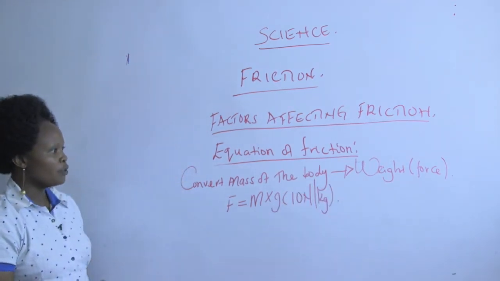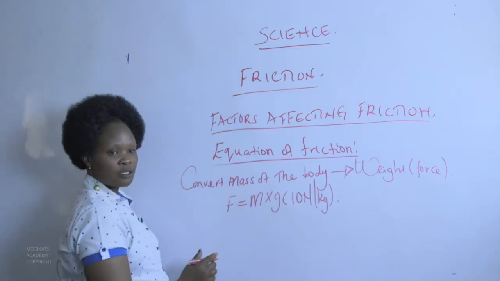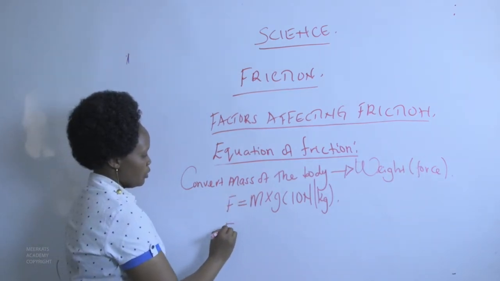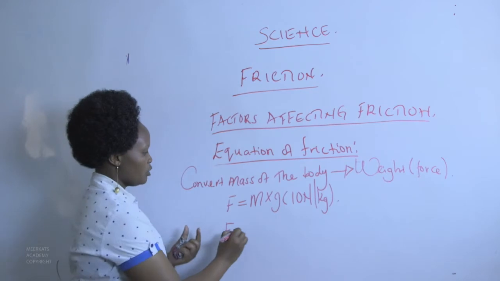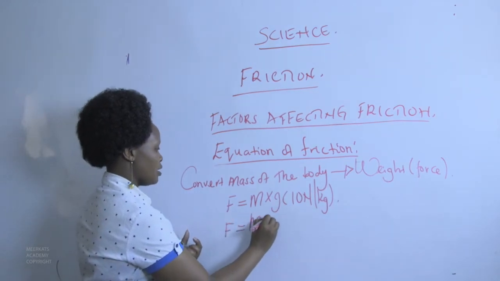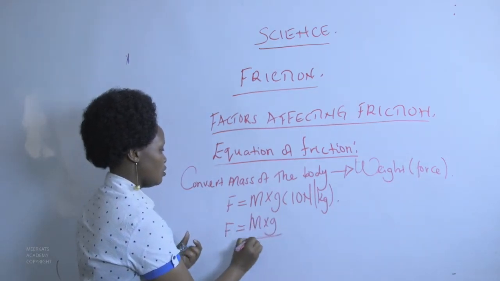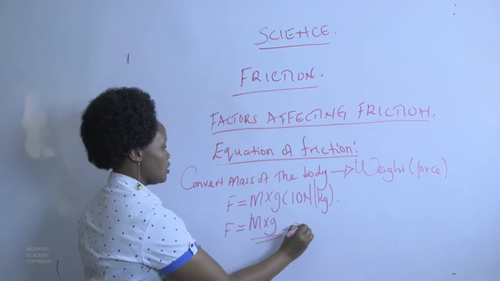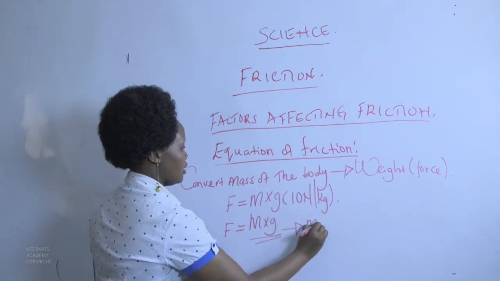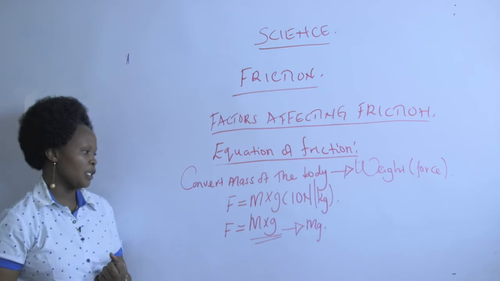Therefore, if we want the weight of this particular mass, you will take it to be mass times gravitational force, or simply mg.